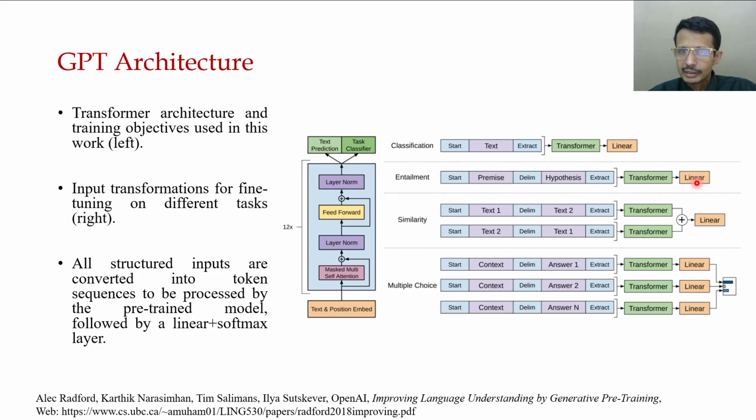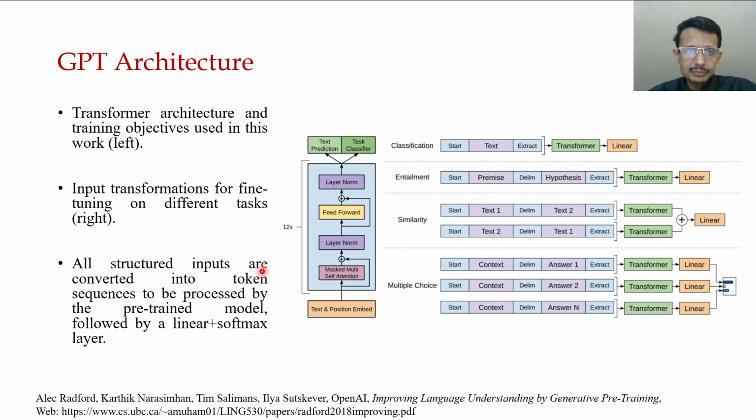Then similarity, text 1 to text 2 and text 2 to text 1, which we generally check, and multiple choice. So these are the different applications where it has been fine-tuned separately.